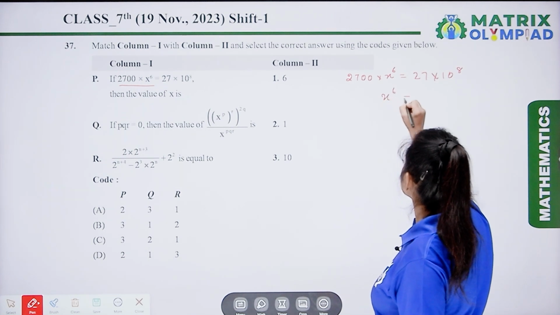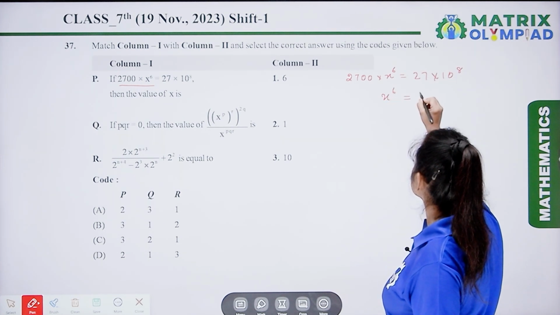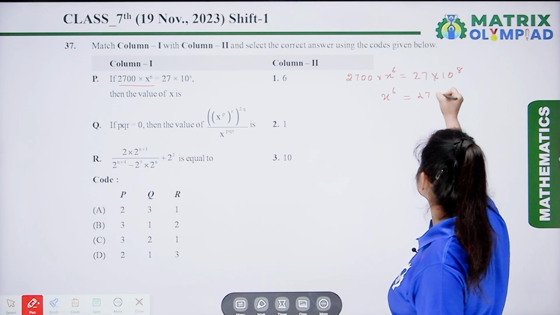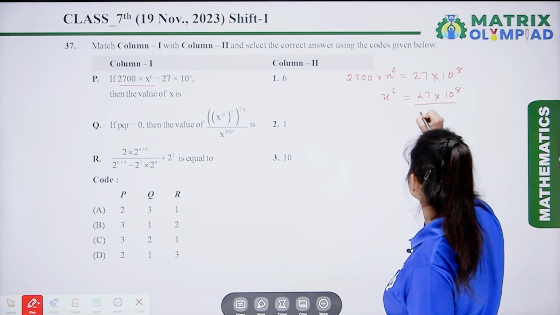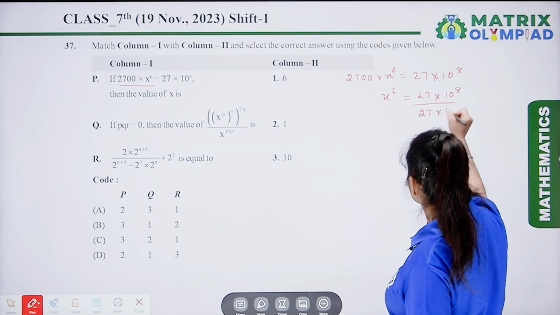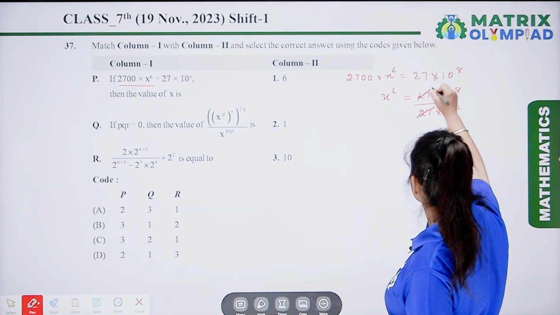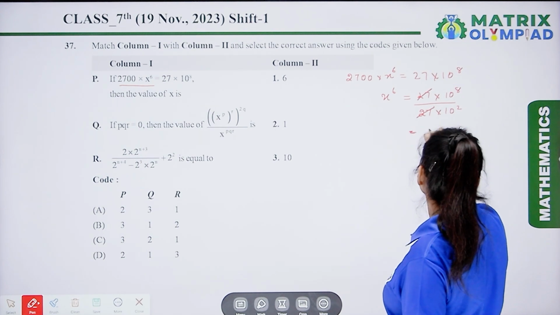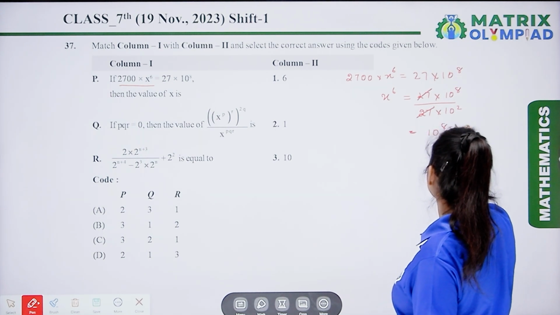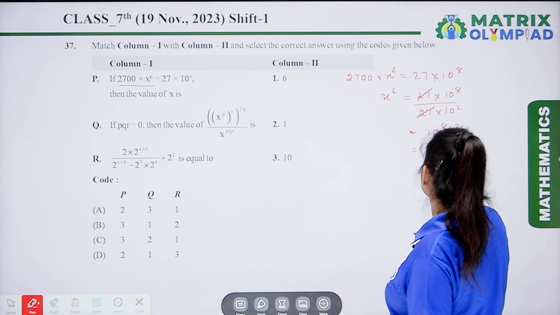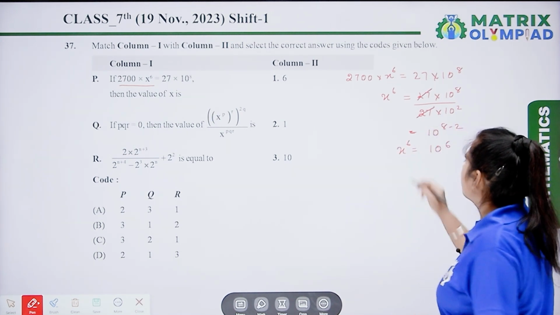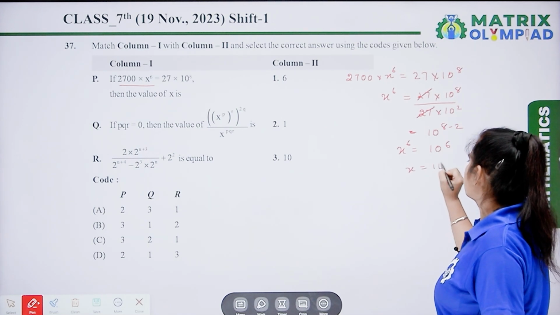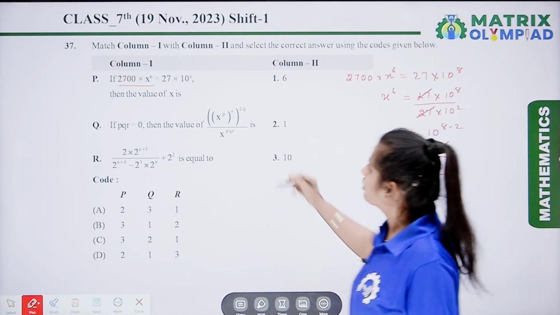So here x to the power 6 is equal to 27 multiplied by 10 to the power 8 upon 2700, so here the value of x is 10.